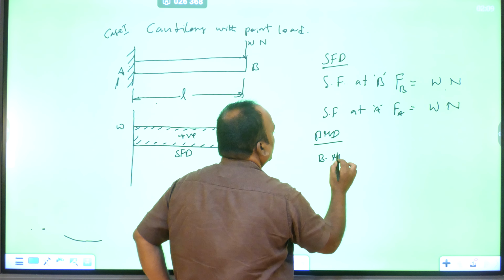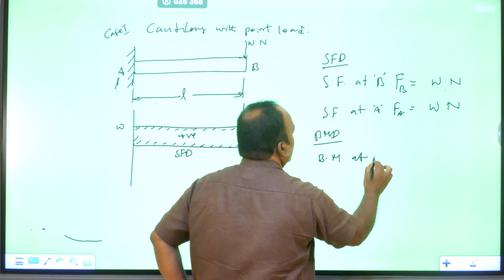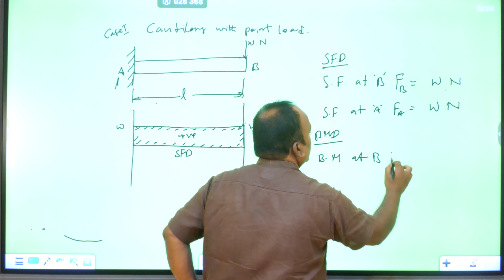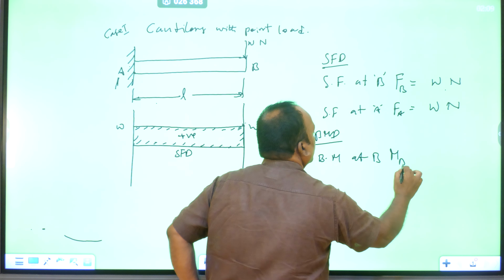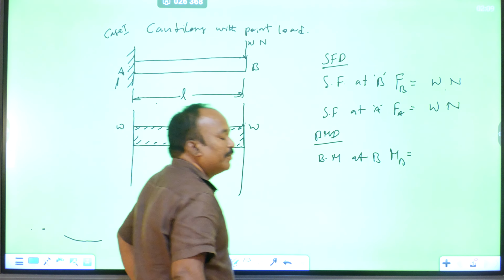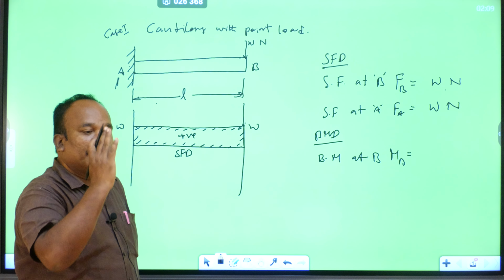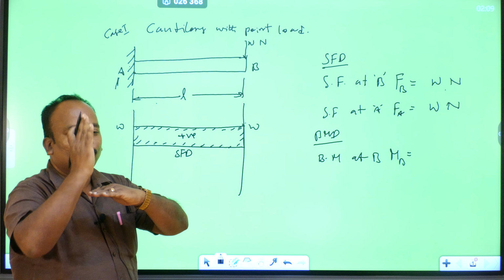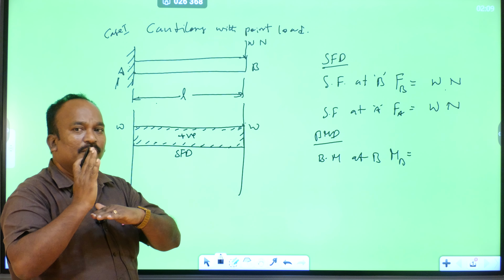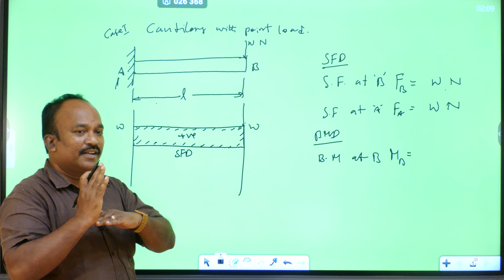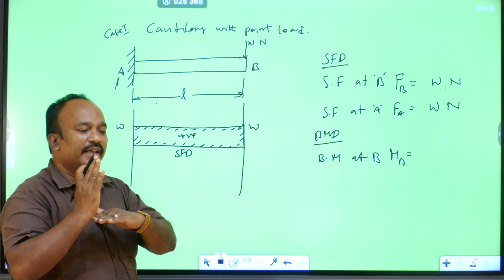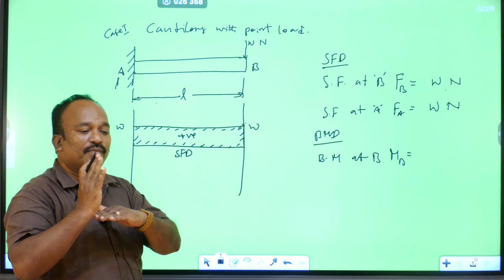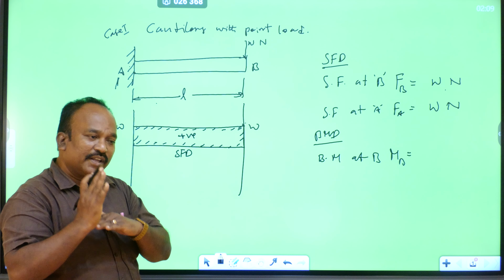Bending moment at B, M of B. What is the bending moment? Vertical force and perpendicular distance: force times distance is the bending moment. According to the definition, it is the algebraic sum of the moments of all vertical forces.